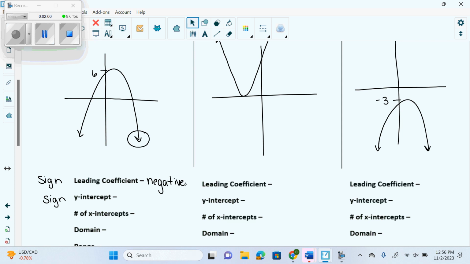Because it's an even degree, I know it's also going to end down on the left as well. Because even degrees end in the same direction, right? They're not discoing, correct? The leading coefficient of this one is positive. It's also up on the left as well because it's an even degree. And the sign of the leading coefficient of this one is negative.